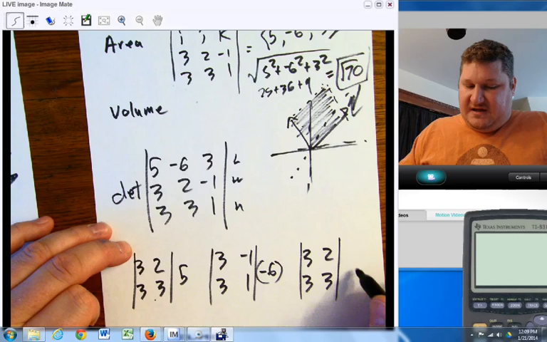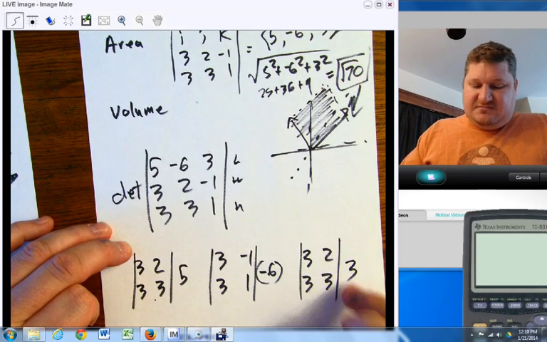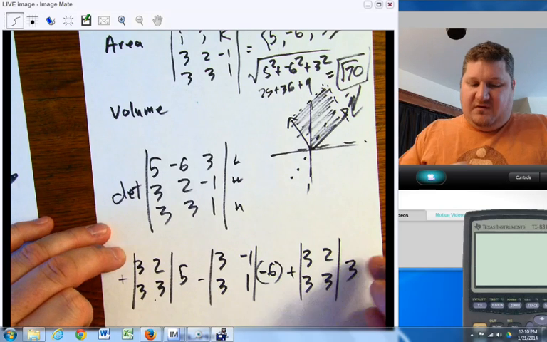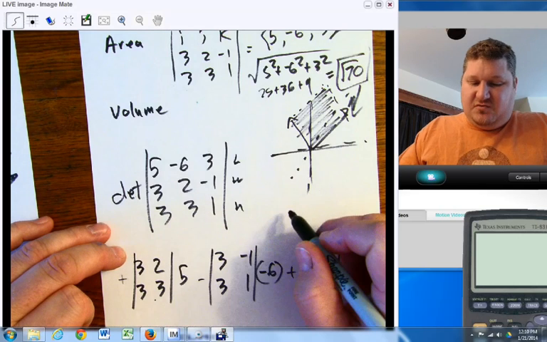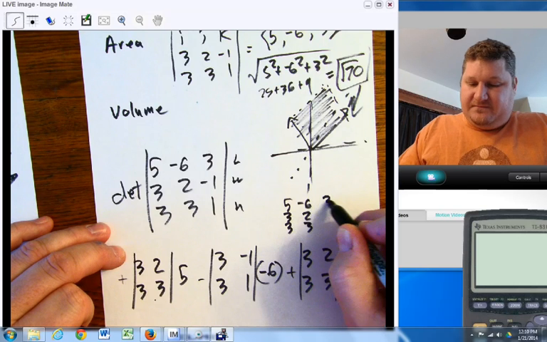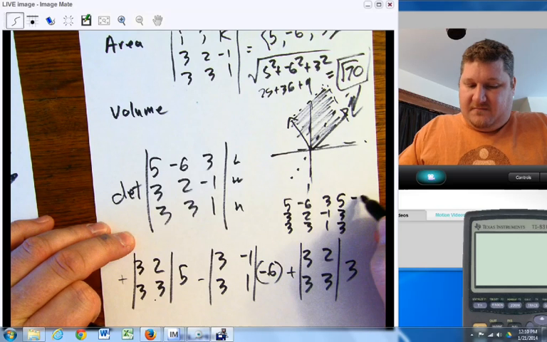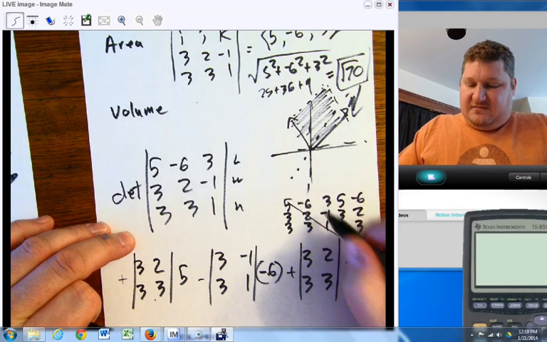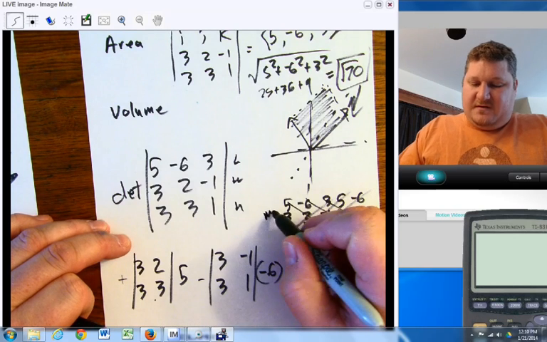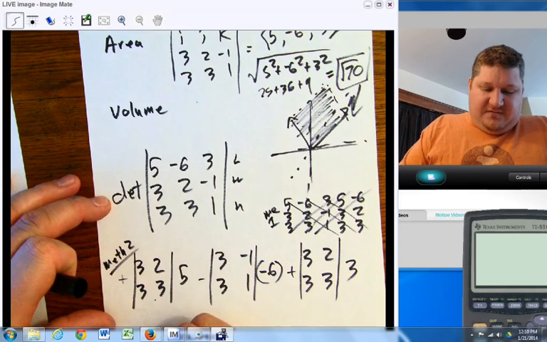Now, we again don't traditionally do this because it becomes much more long and cumbersome. So plus, minus, plus. Find the value of that, you will find the determinant, just as if you were to add the 2 columns on to the end of the matrix as before. Down, down, down, back, back, back. Find those 2.